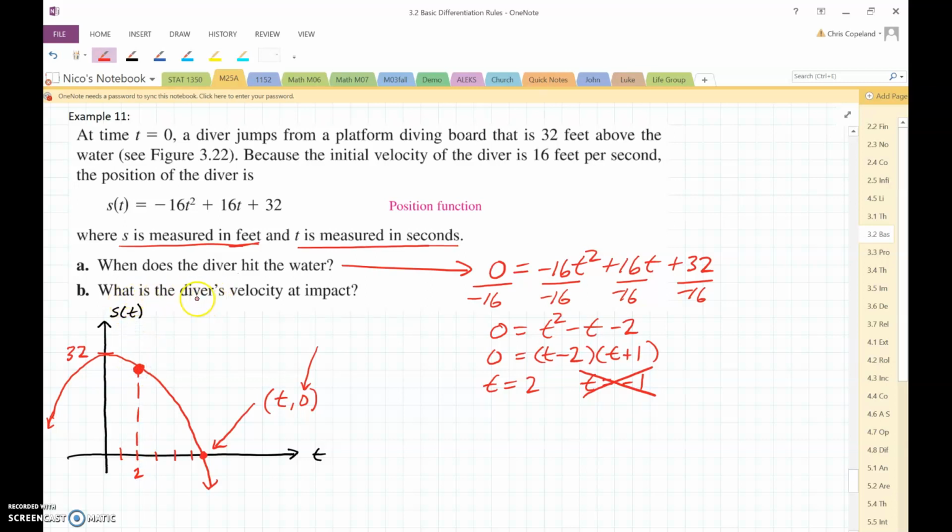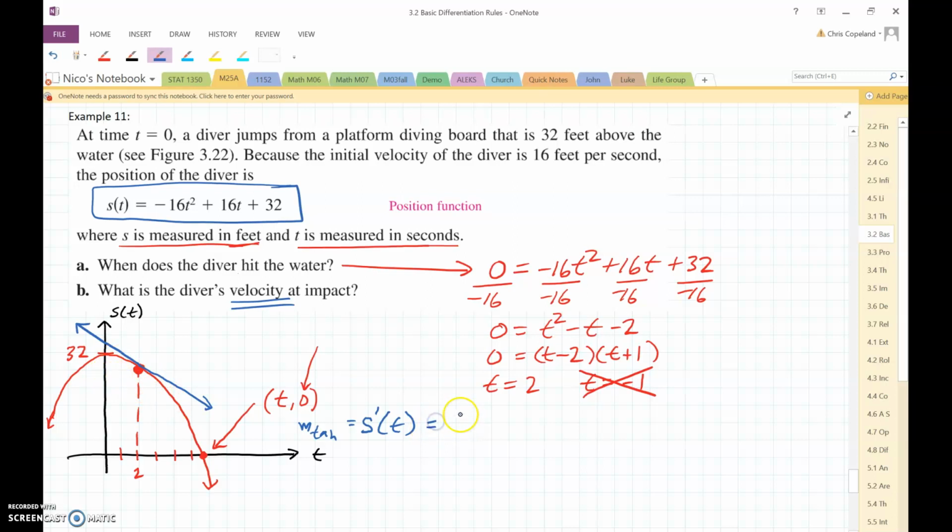What is the diver's velocity at impact? Okay, so to figure out the velocity at impact, we're finding the slope of this tangent line. This would be s prime of t. We want the derivative of this function. That will give us the slope of the tangent line, which is velocity. Okay, it's the rate of change of this position function here.